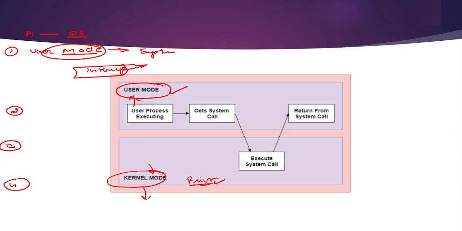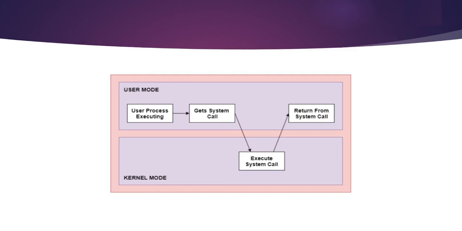Now let's talk about why we need a system call in the operating system. What is the importance of using system calls? The first importance is reading and writing. Reading and writing from files demands system calls.